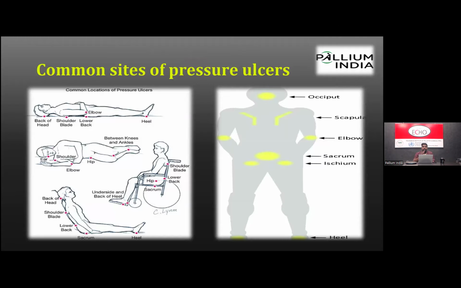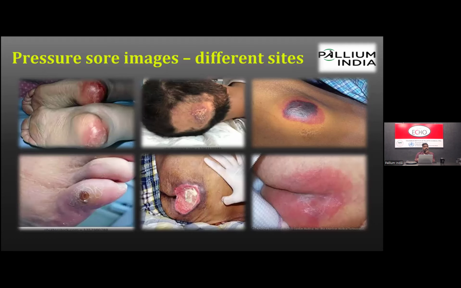In every position, the bony prominence areas that are more prone to the development of pressure sores I have already marked in red. These areas are the vulnerable areas that need special attention for the prevention of pressure sores. These are some of the real pictures.